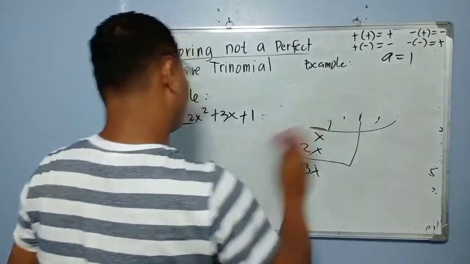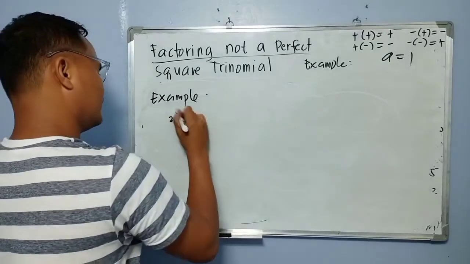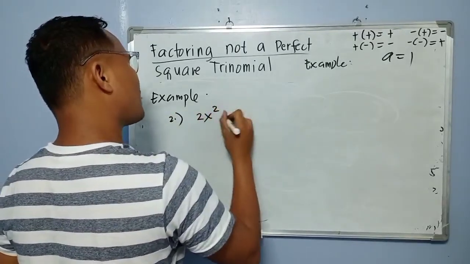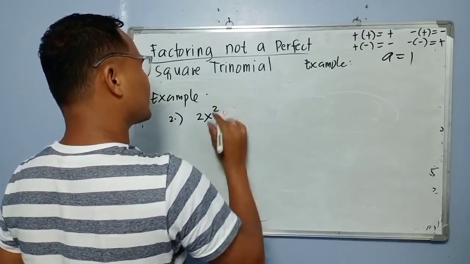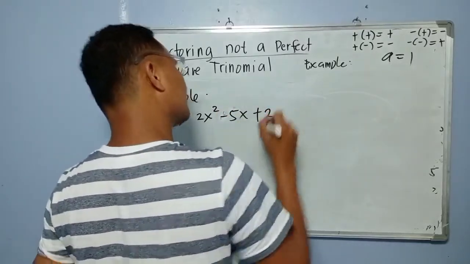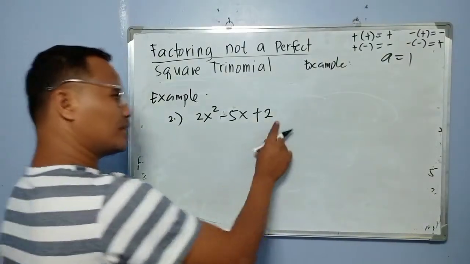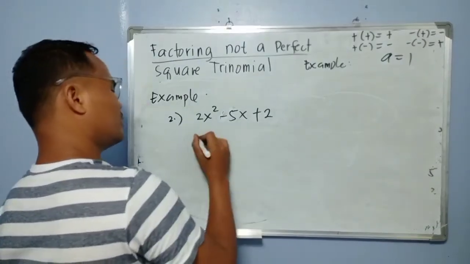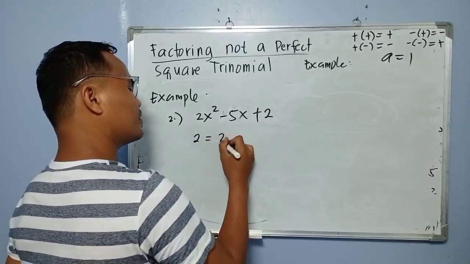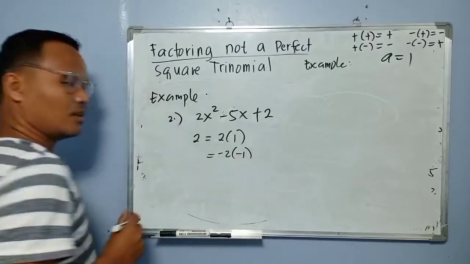Okay, another example. We have 2x squared minus 5x plus 2. Same, we are going to list the factors of 2. We have 2 times 1, and negative 2 times negative 1.